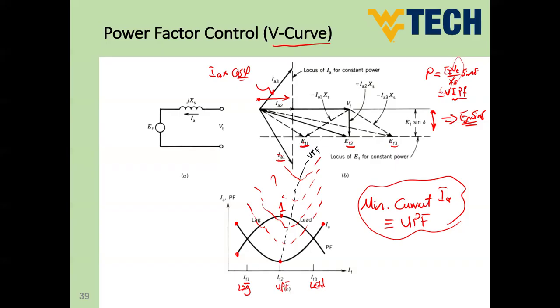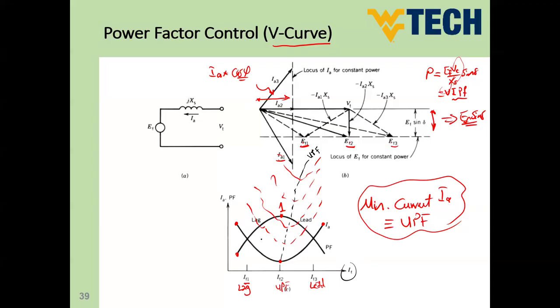So if I ask you a question, guys, in the exam, the V curve is a relation between the excitation volt and armature current, or excitation volt and field current. Why excitation volt? Because excitation volt is going to be proportional to the field current.